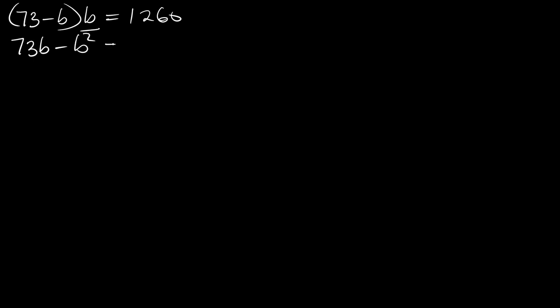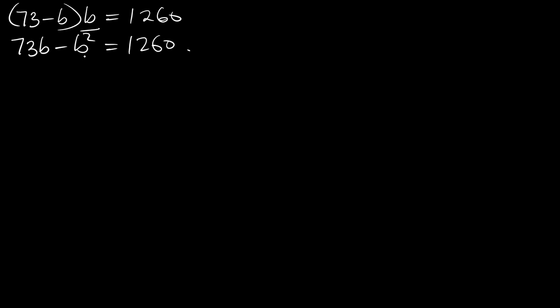So 73 minus B times B is equal to 1260. Now open up this bracket by using this B to multiply the inside. You have 73B minus B squared is equal to 1260.